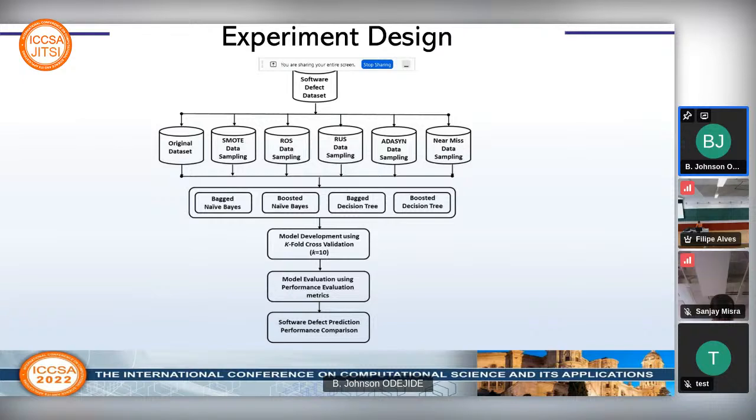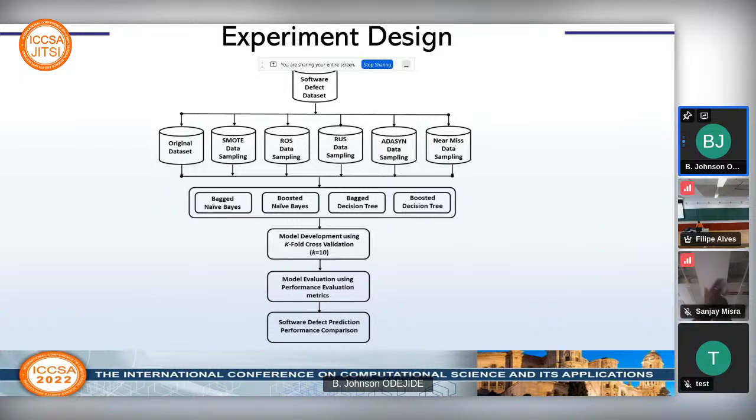After that process, we then bagged naive Bayes, boosted naive Bayes, and decision tree, the same process for boosted decision tree as well, on all the data sets there. So on the original data set and on the rebalanced data set.